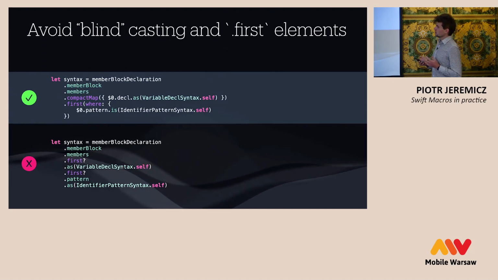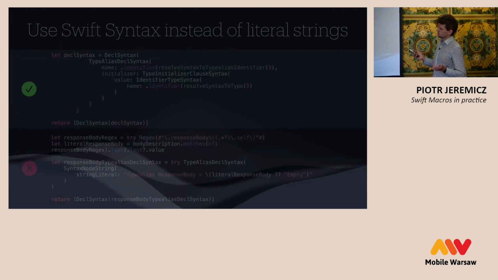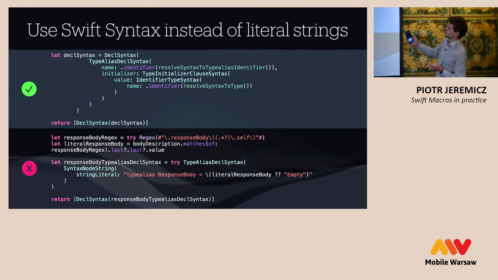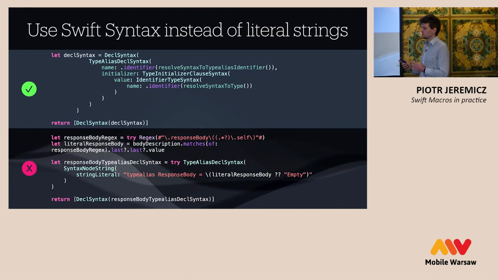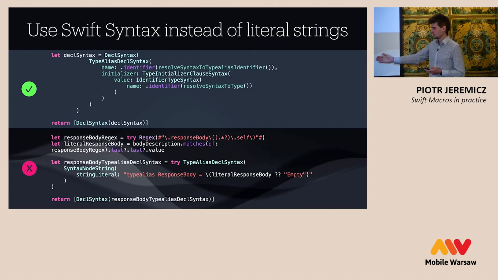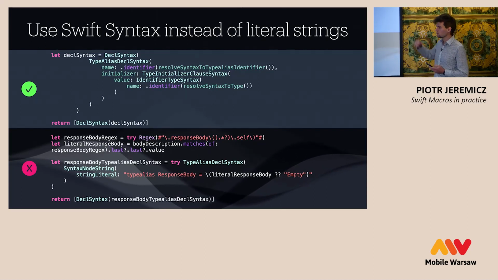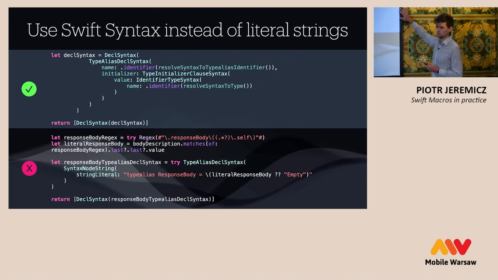Second thing, the second thing that we would like to use is Swift syntax. I provided the literal Swift source implementation, so I used a string to provide the type alias response body, but the best solution, even for me, is to create the declaration syntax that should be provided in return as a main structure.